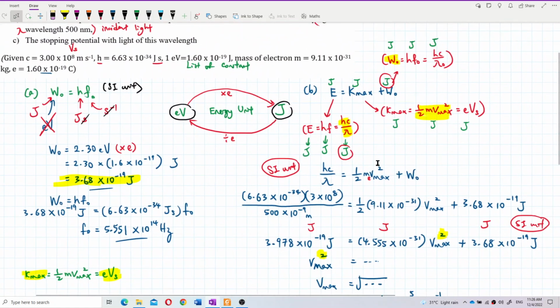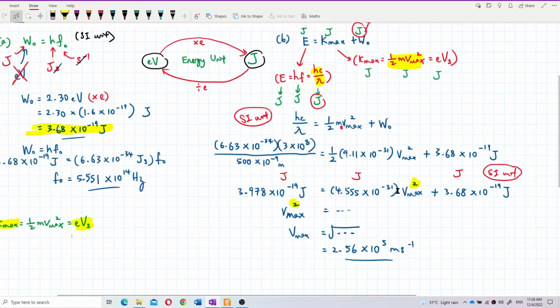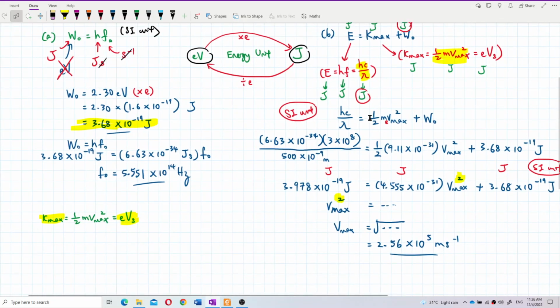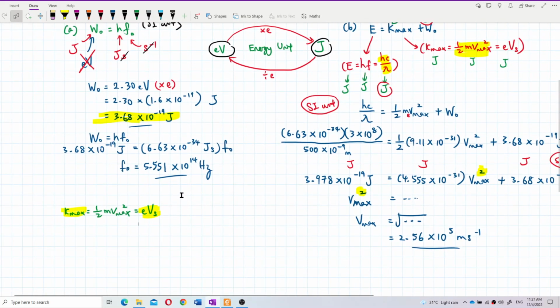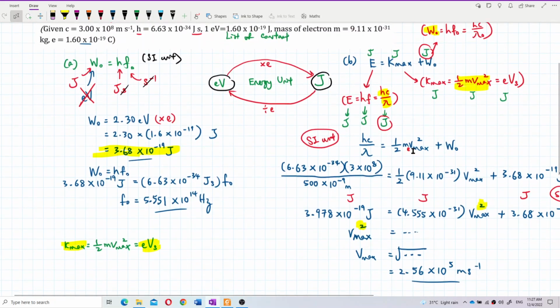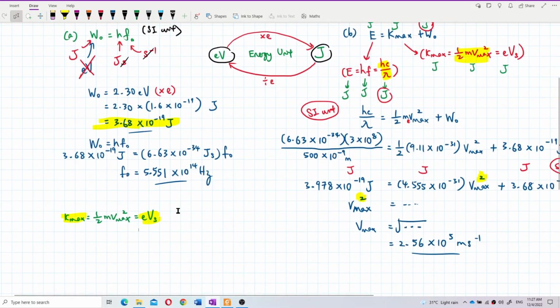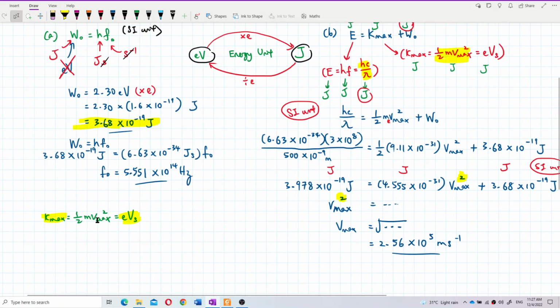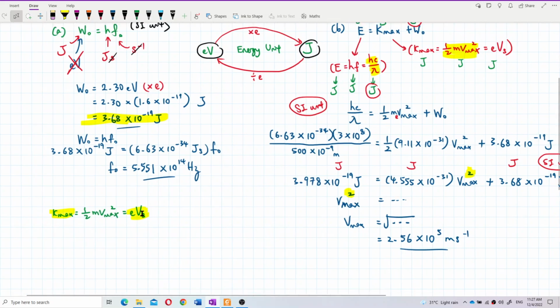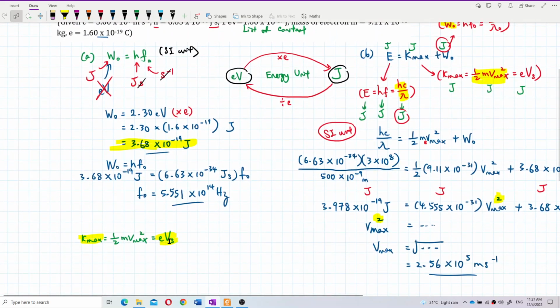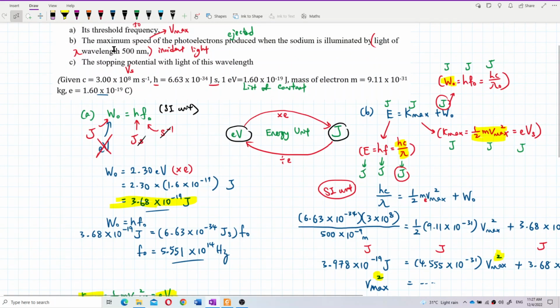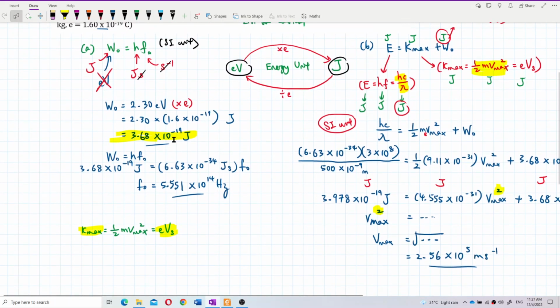Do I have a Kmax? Have you calculated the Kmax yet? Oh, I jumped straight away. Since I have the Vmax, I just use the Vmax. Never mind. Just use the Vmax and I can find my eVs, my stopping potential Vs. So that's question C.